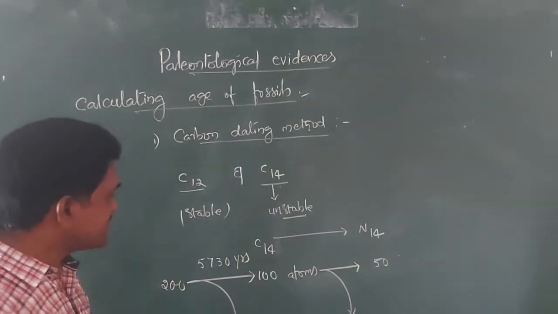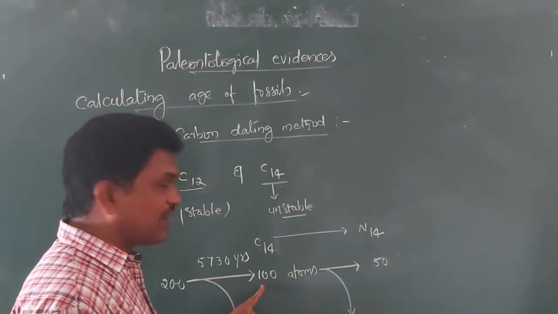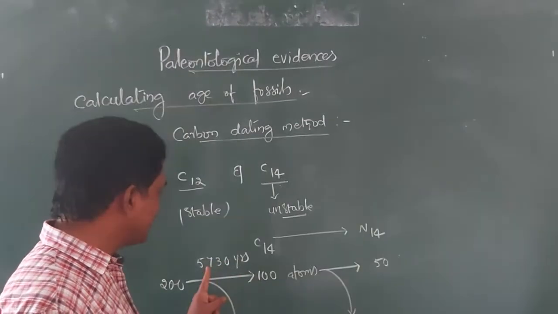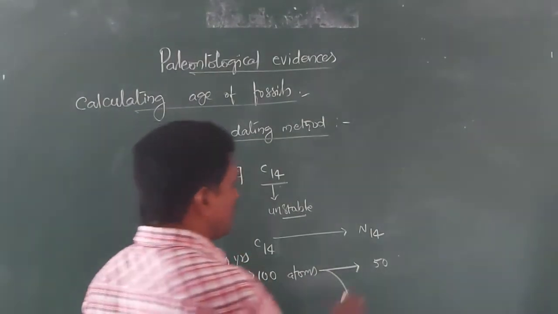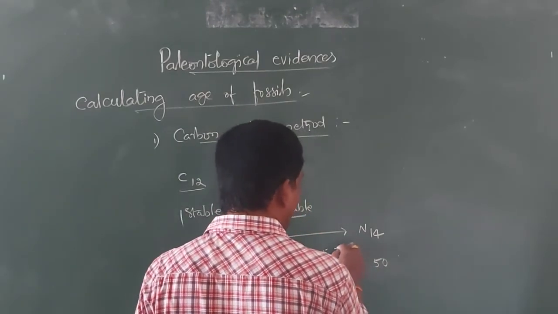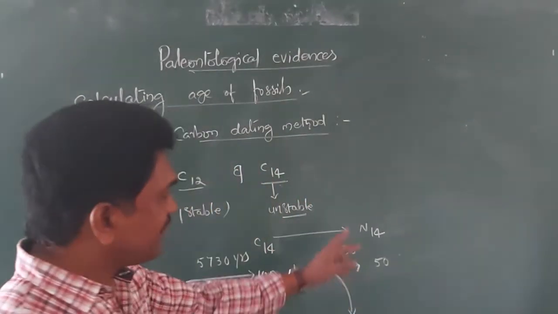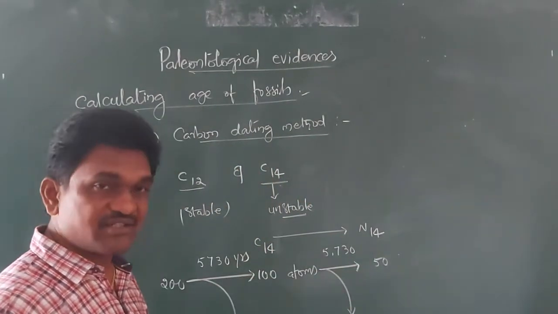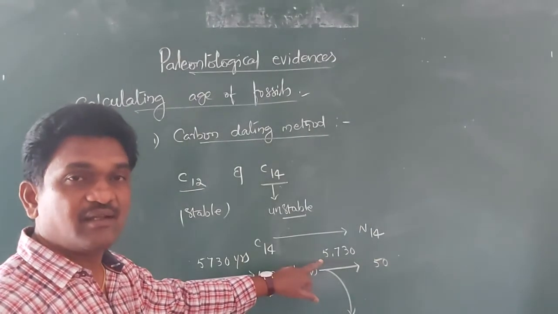In this example, 200 carbon atoms became 100. How much time is required for this? 5,730 years. 100 carbon 14 atoms becoming 50 carbon 14 atoms also occurs within 5,730 years.